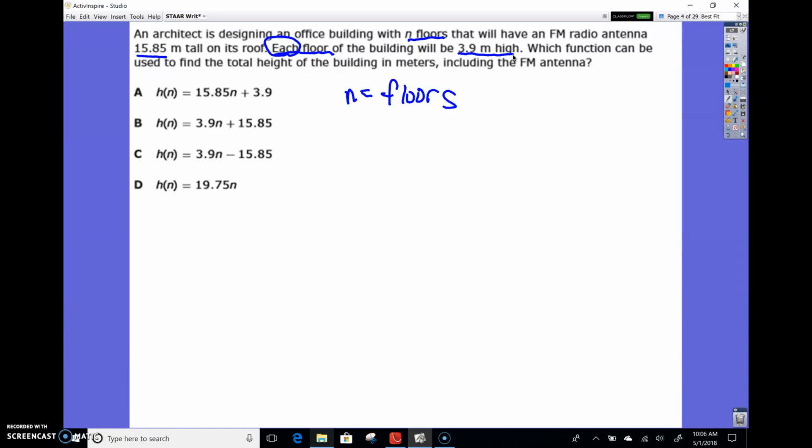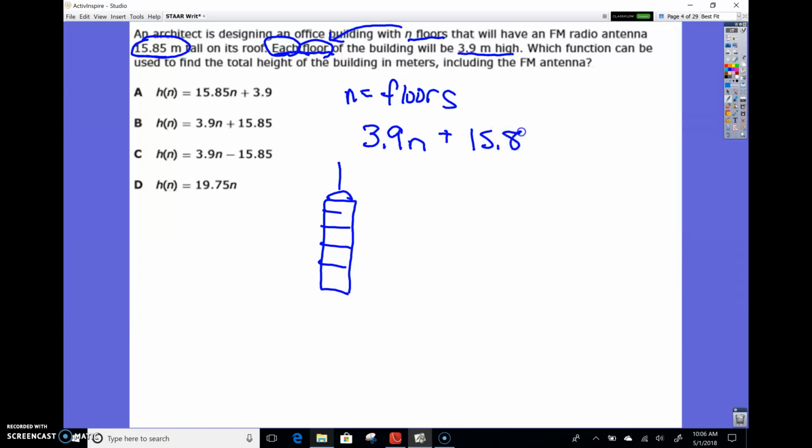When you see the word each, you want to put those two things together: the 3.9 and n, which is floors. If you picture it, these are the floors, and then you put an antenna on top. So you're going to add the antenna.